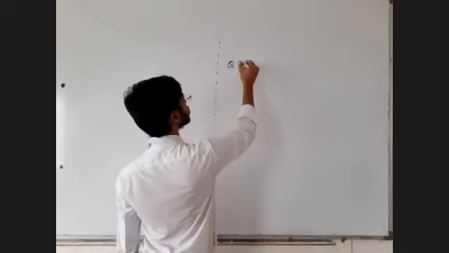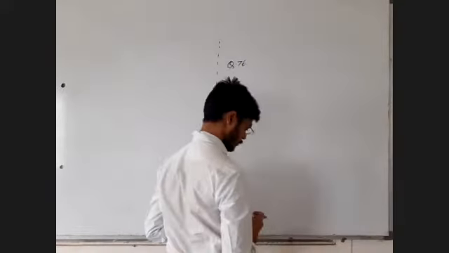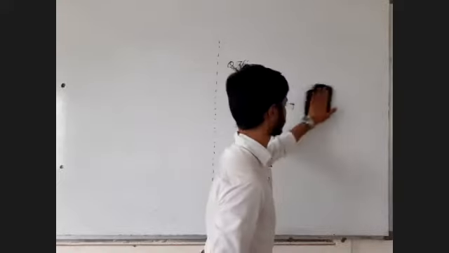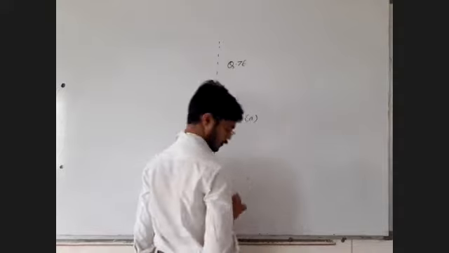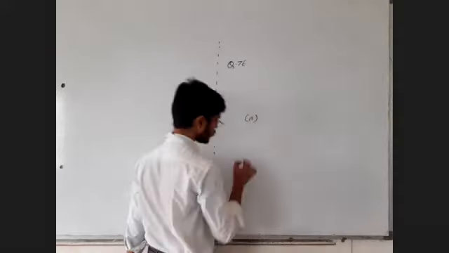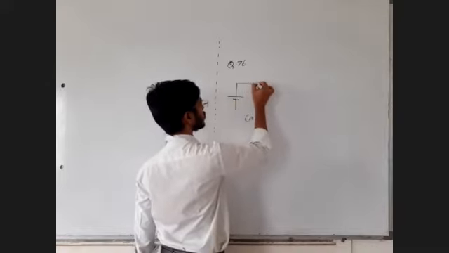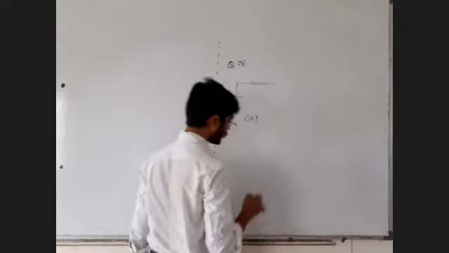So write down question number 76. They are asking find out current in the circuit A and B. Let me draw figure A. Figure A is a 10-volt battery and a resistance of 2 ohm.